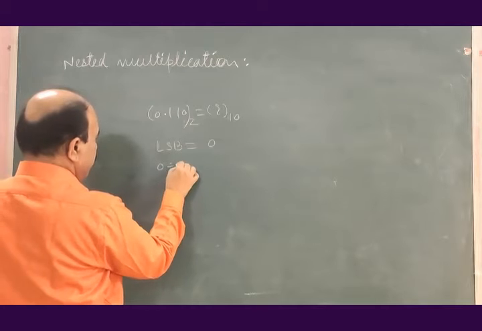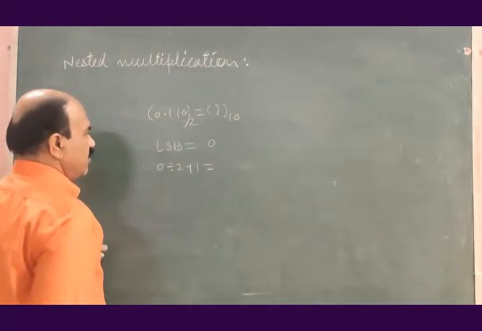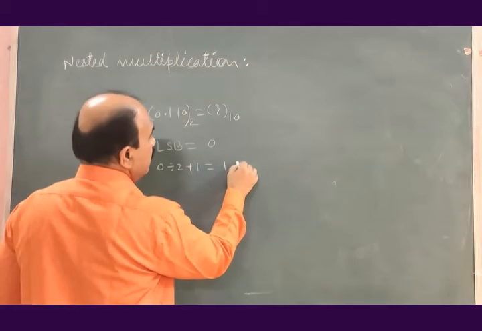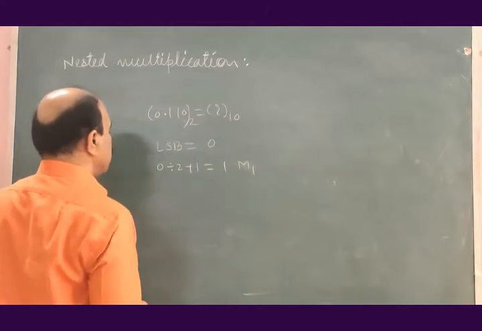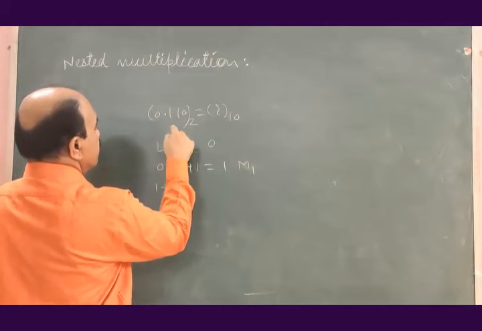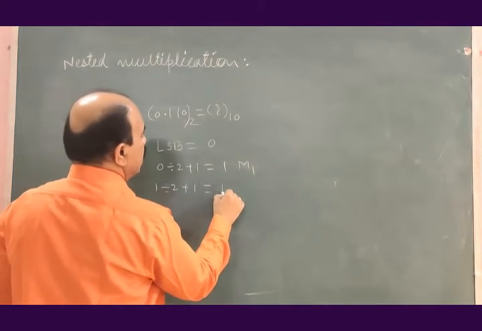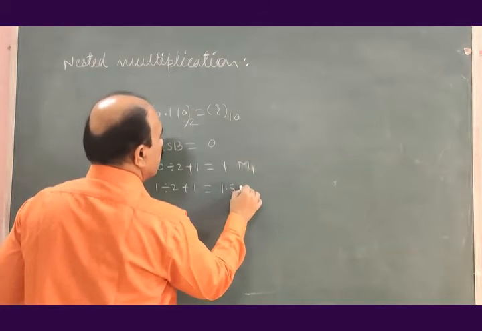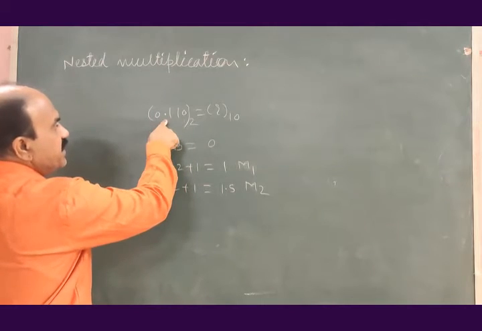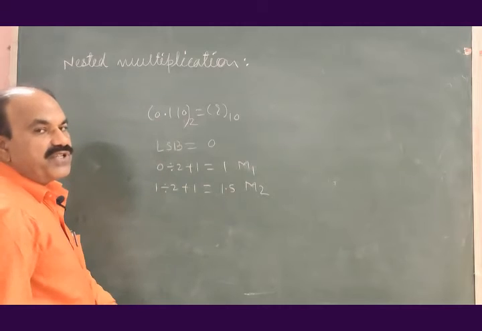What is LSB here? 0 divided by 2 plus next bit 1, that is equal to 0 by 2 is 0 plus 1 is 1. 1 divided by 2 plus next bit, 1 by 2 is 0.5, 0.5 plus 1, 1.5, M2. Bits in the fractional part are consumed in these calculations.